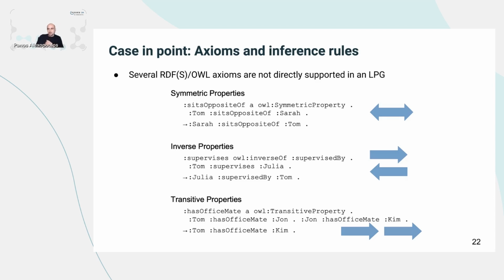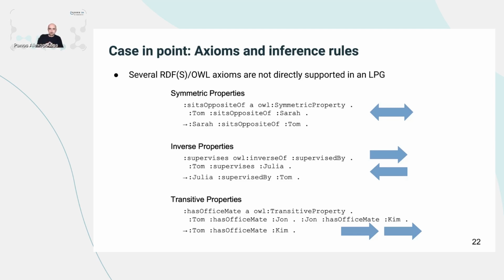In an LPG, there's no mechanism for defining those. If we want to implement those, we need to make them in a custom way, maybe by means of code on top of the graph, or perhaps by means of specialized Cypher queries, etc.